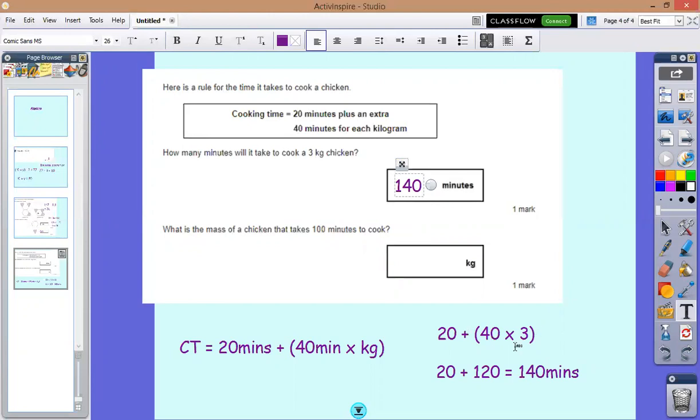Now my very next one asks, what is the mass of a chicken that takes 100 minutes to cook? So this time, my number sentence is going to be 100 equals 20 plus 40 times the kilograms.